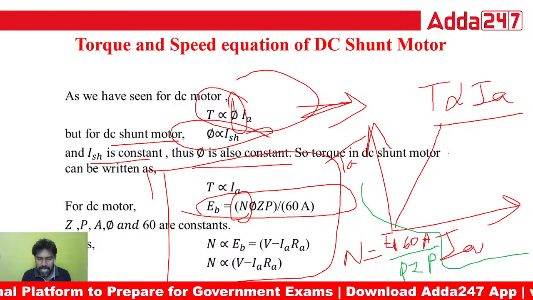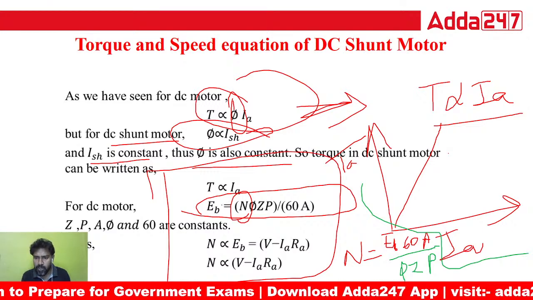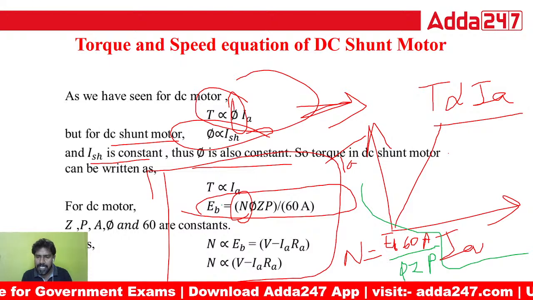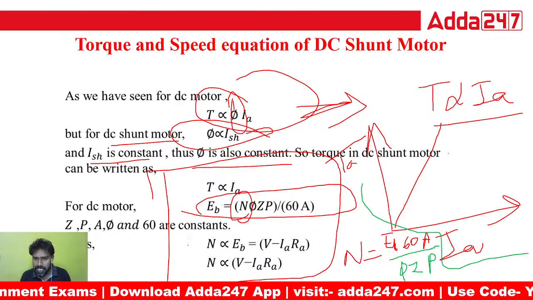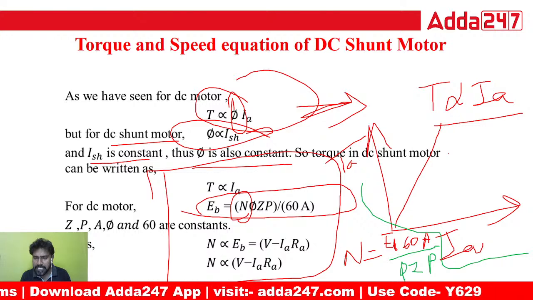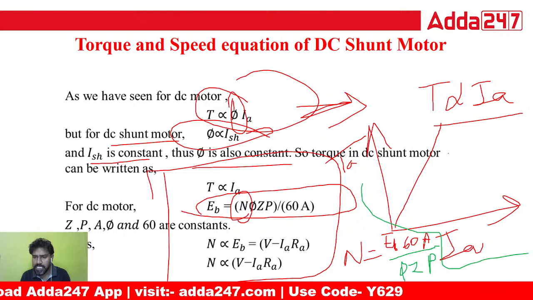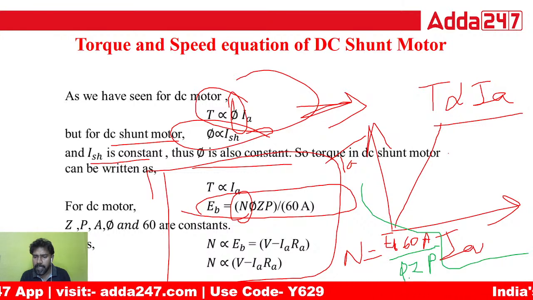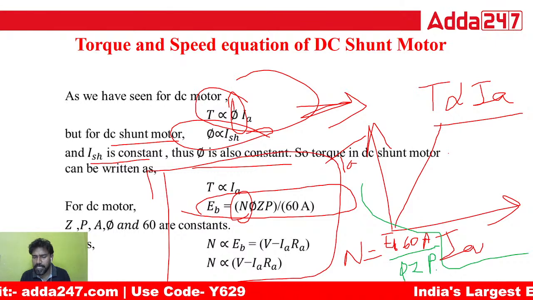So from this back EMF equation, the speed of the armature N is equal to E_b into 60 into A by flux phi into Z into P.